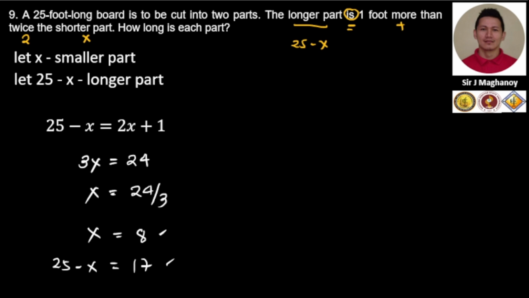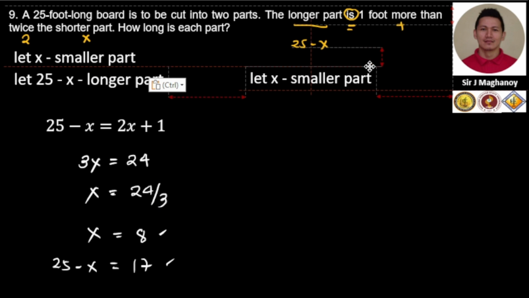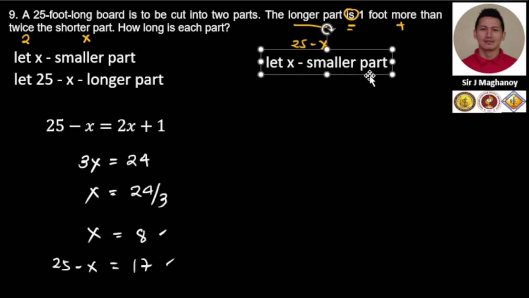How about if we see it the other way around? For example, if we let x still be our smaller number and we start our longer part from the statement. So the longer part is 1 foot more than twice the shorter part.